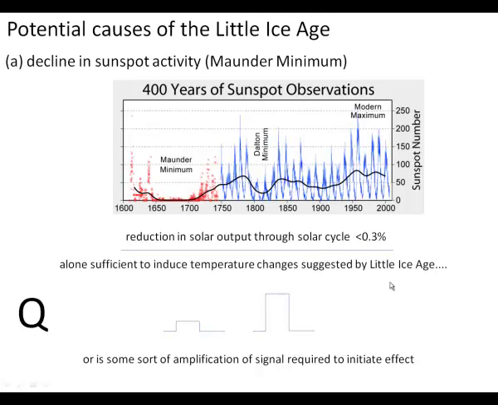In other words, can you freeze the Thames in winter simply by changing the amount of solar irradiation on a scale such as this? And what it really suggests is that we need some sort of amplification of the signal to initiate the effect.